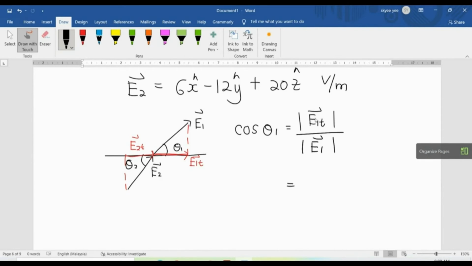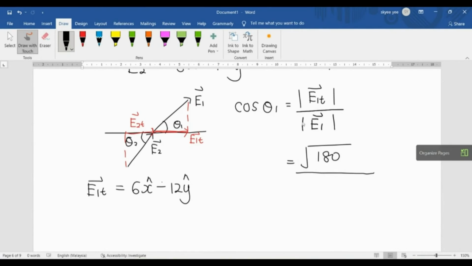So how to find this E1T? E1T is equal to 6x minus 12y, so its magnitude will be this one squared and this one squared. You can calculate yourself. How about the magnitude of E1? It has been given by the question.